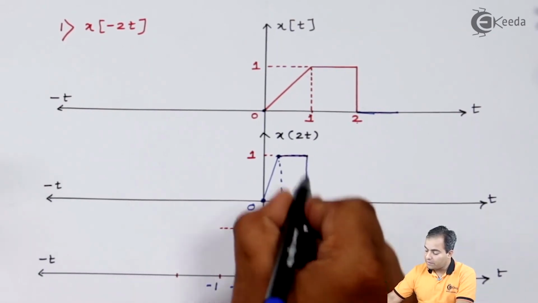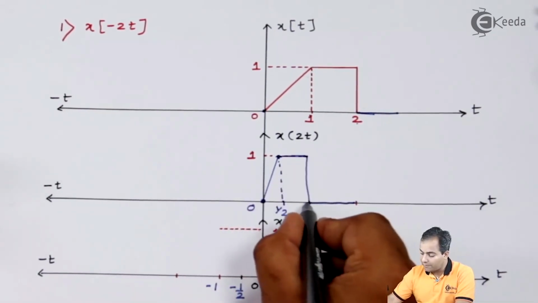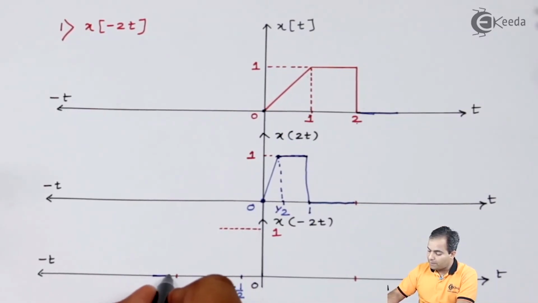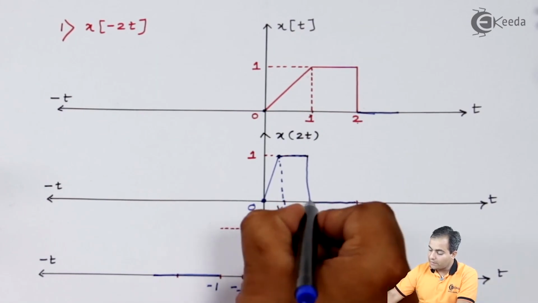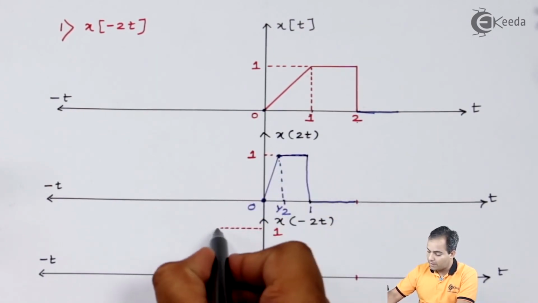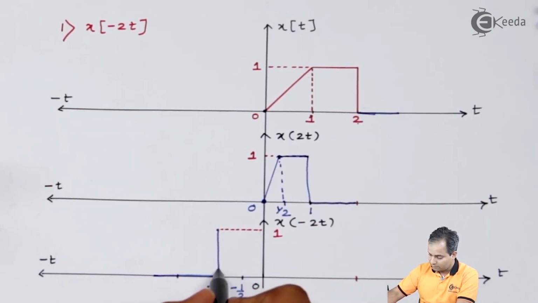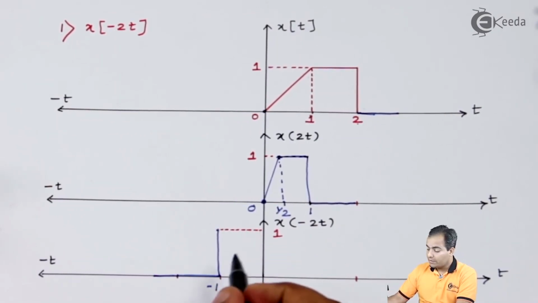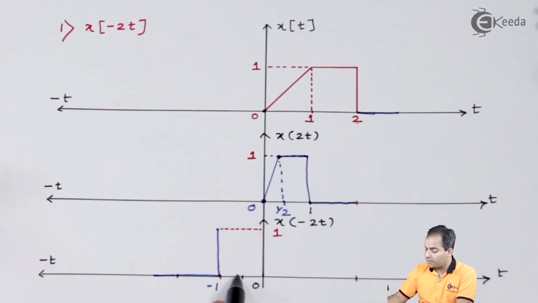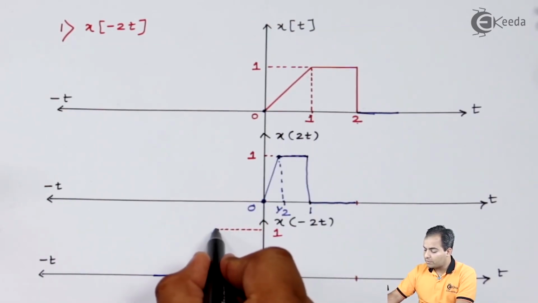At 1 the amplitude is 1 and after 1 the amplitude is 0. Similarly before minus 1 the amplitude is 0, and at minus 1 also the amplitude is 1. It is continuous. In between half to 1 the amplitude is constant, that is 1, and similarly here in between minus 1 to minus half the amplitude is also constant.